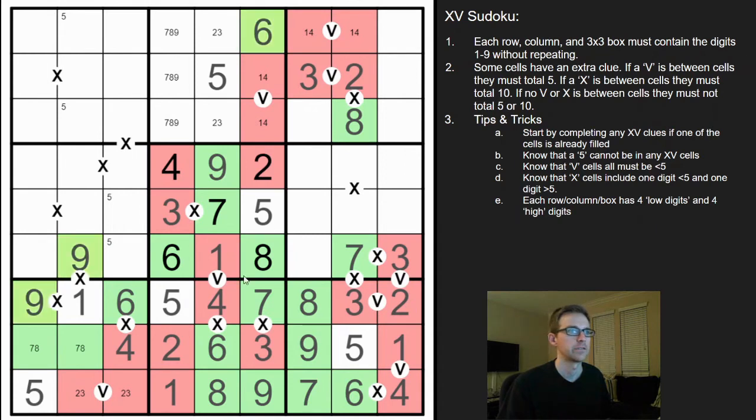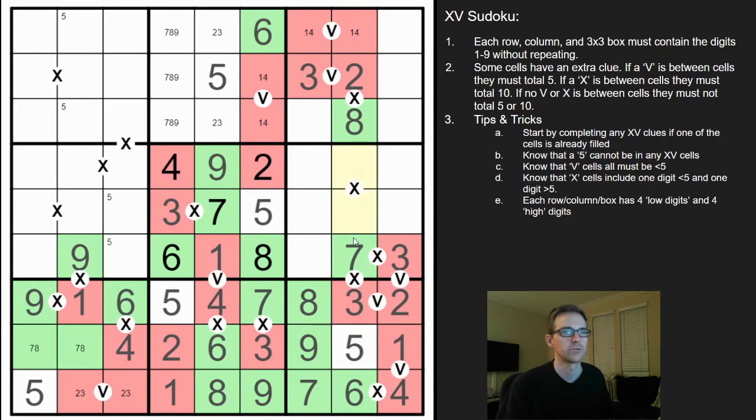Those are all high digits. Let's color those. That's a low digit. So this X has got to be a 1, 9, because we're missing a high digit, and we know that this can't be a high digit.